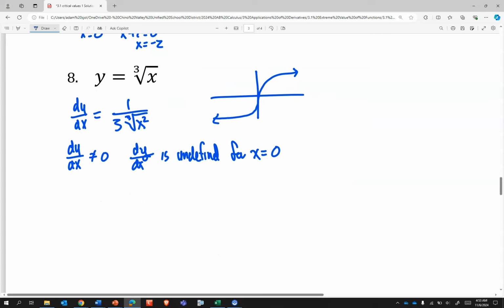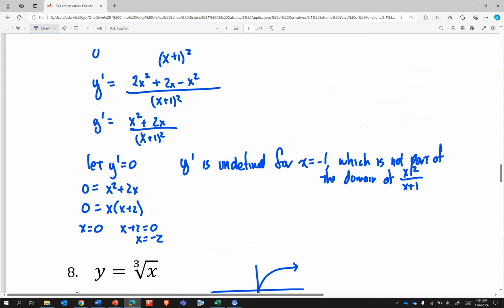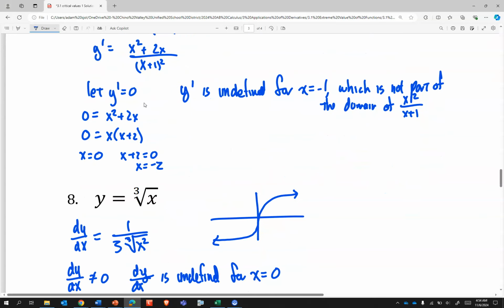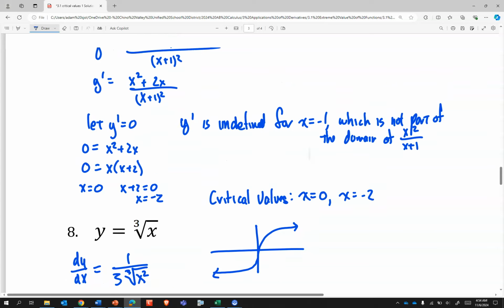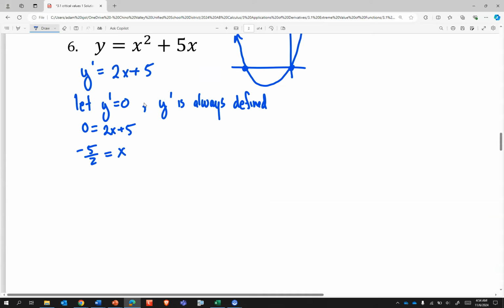Should we do that on all of them? I think so. Critical values.